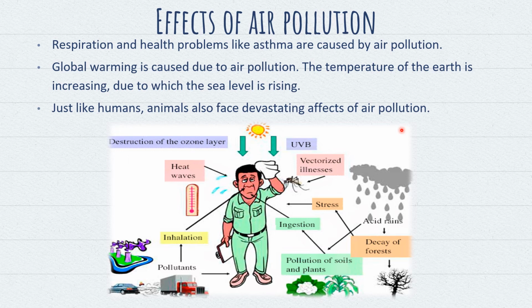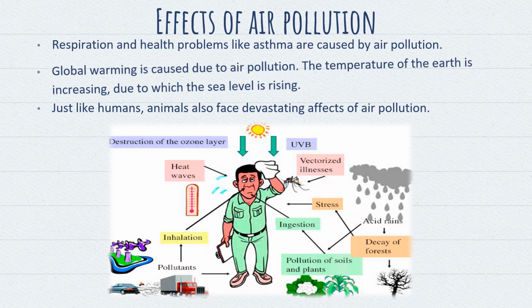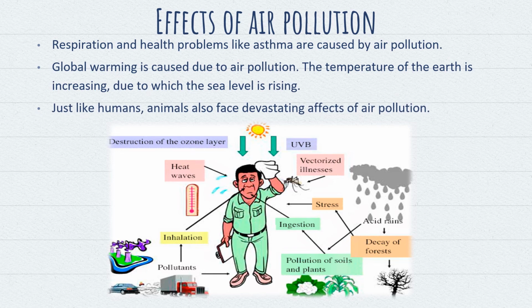That water is also being taken by other animals in the forest or anywhere, insects, and it can make them sick. The water is usually very unhealthy for them. You see what the effects of air pollution on human beings are also. Global warming is the problem, just like humans, animals.